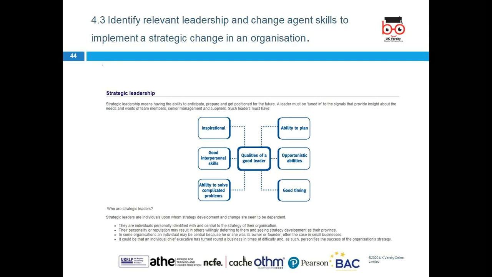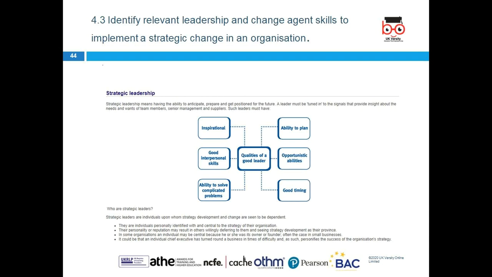You understand, yes? Dealing with people is very difficult in the real world. Everybody has a different mindset, yes. So to put in your way, you want them to work your ways. It's not an easy task. So we need leadership, which is quite influential, and leaders should anticipate, prepare, and position for the future.